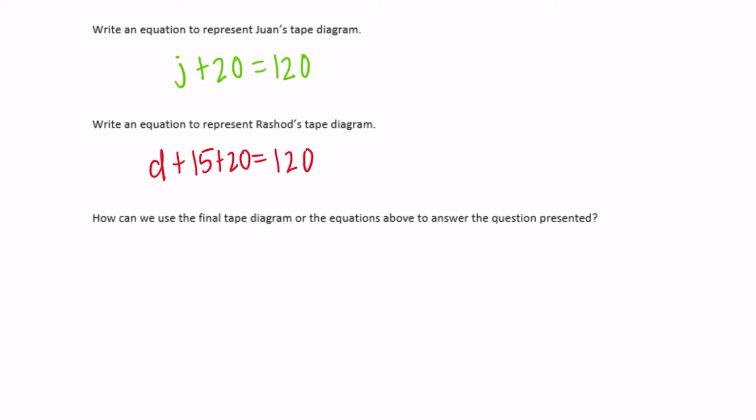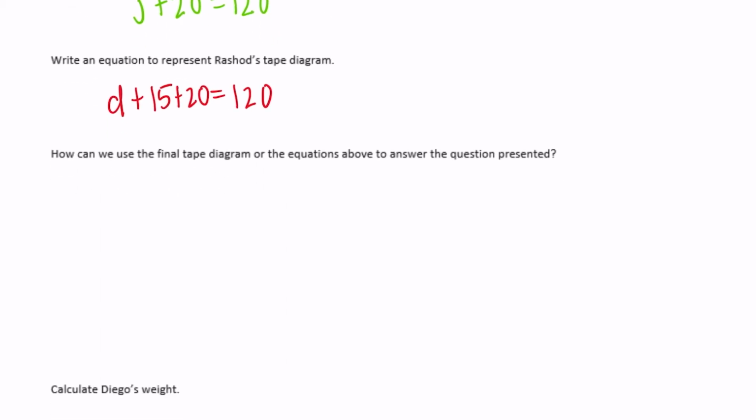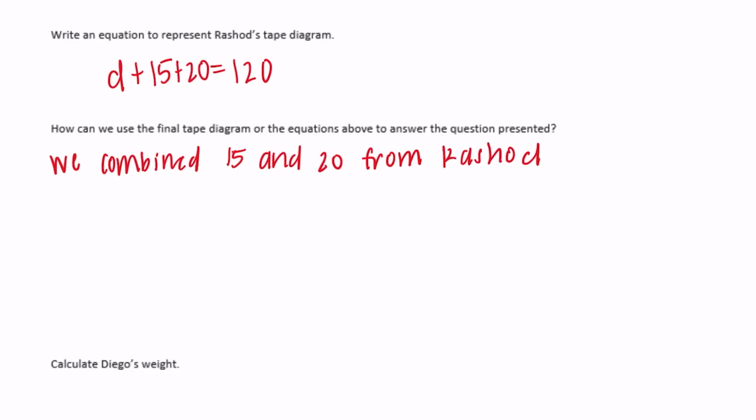So how can we use the final tape diagram or the equation above to answer the question presented? So basically, what did we just do? So we combined 15 and 20 from Rashad's equation.